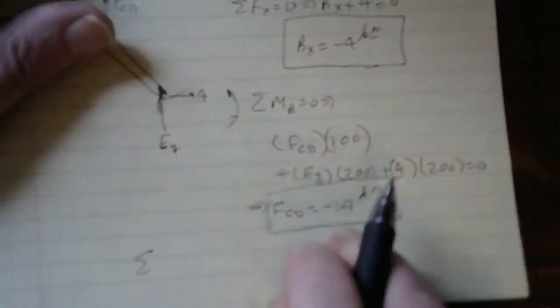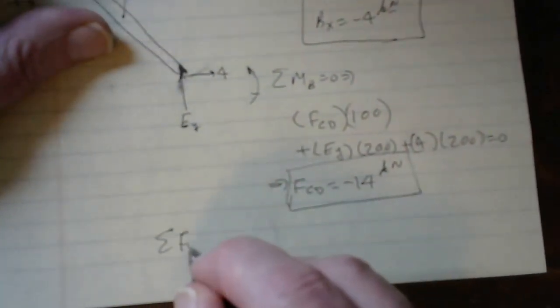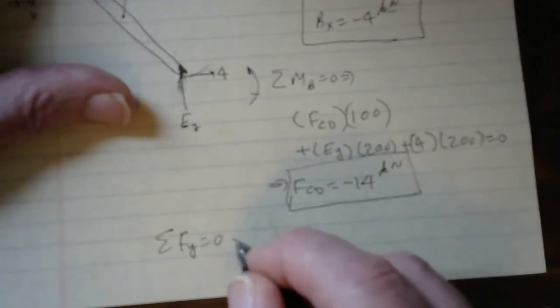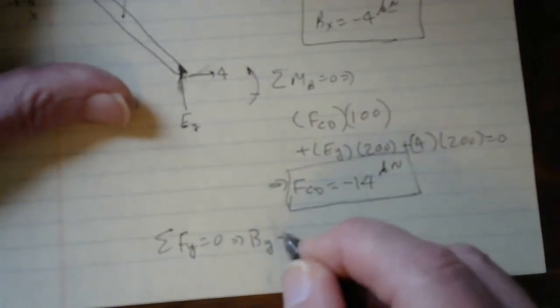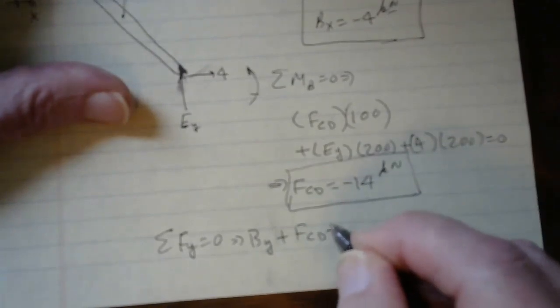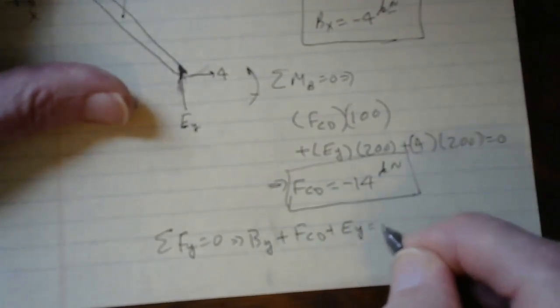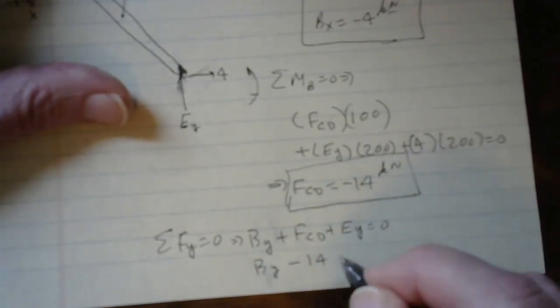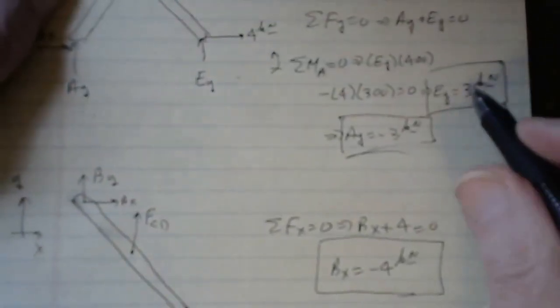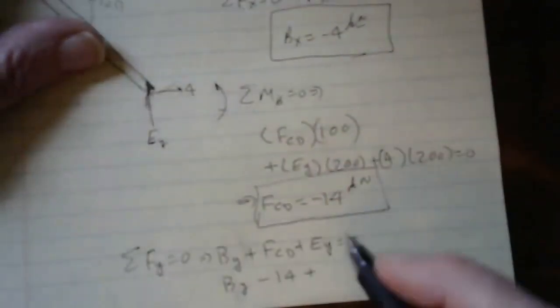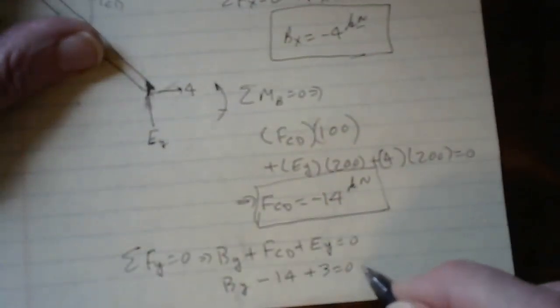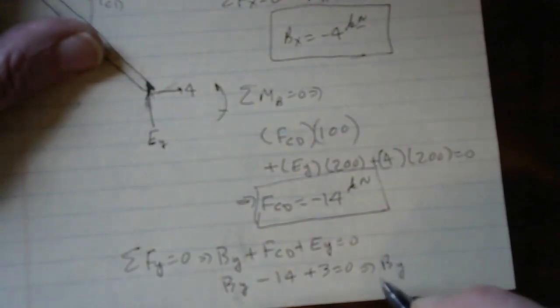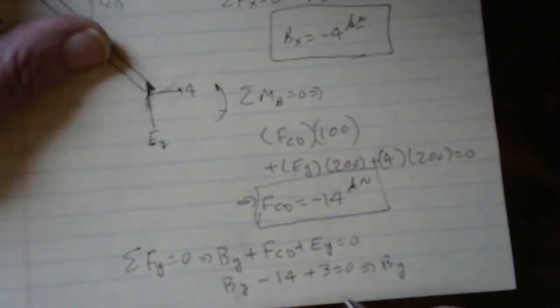And then finally, sigma Fy is equal to 0, tells me By plus FCD plus EY is equal to 0. All right, so this is By minus 14 plus 3, because EY is 3, equals 0. So By then is 11 kilonewtons.